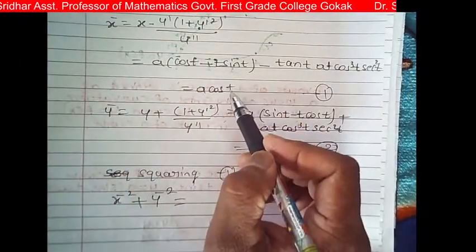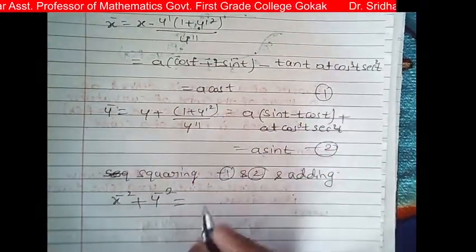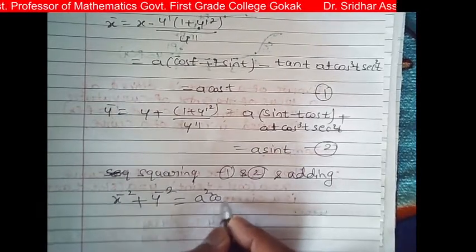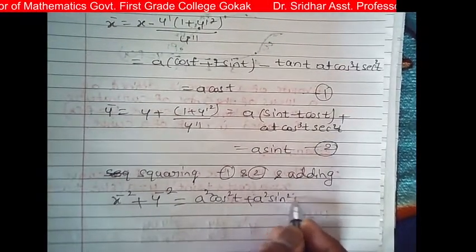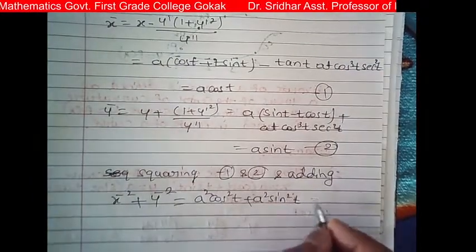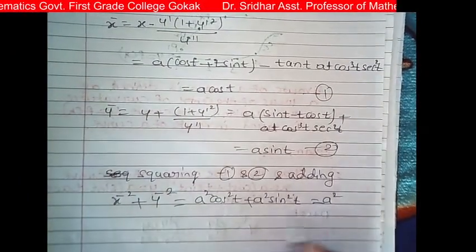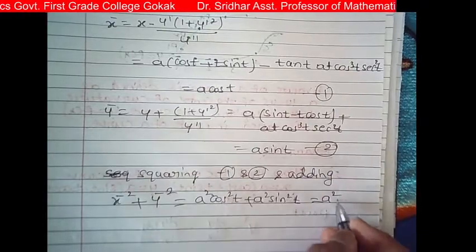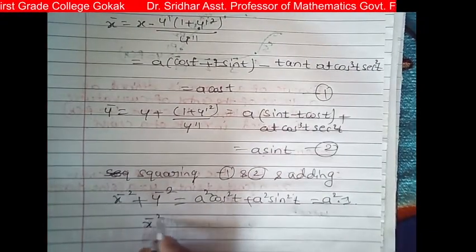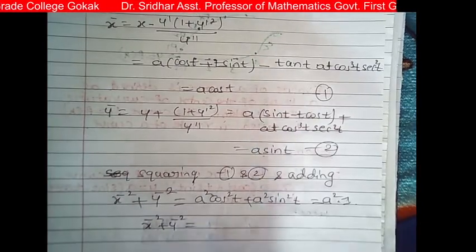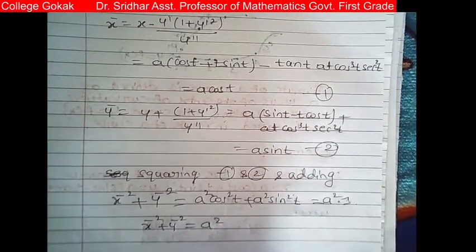Similarly here RHS is squared and added. So this is a square cos square t, this is a square sin square t. So which is equal to, taking a square common, so cos square t plus sin square t is 1. So we'll get x bar square plus y bar square is equal to a square.